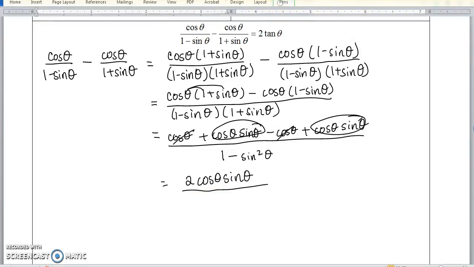So let's go ahead and rewrite that. 1 minus sine squared theta is cosine squared theta. So one of our cosines can cancel out, and what we're left with is 2 sine of theta over cosine theta, which is 2 tangent theta. And that's it.